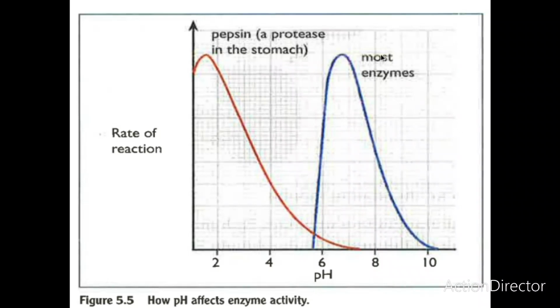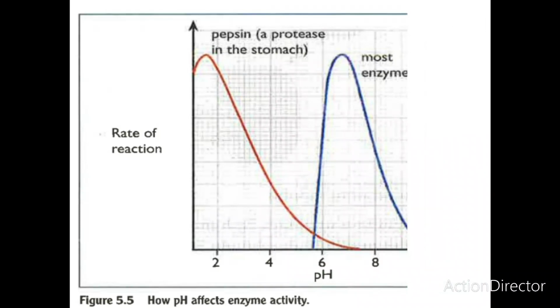And most enzymes work best at pH levels of around 7 or at a neutral pH. So if we increase the pH, the rate of the reaction decreases. And if we decrease the pH, the rate of the reaction also decreases. So basically, if we deviate from the optimum pH, the rate of the reaction decreases.